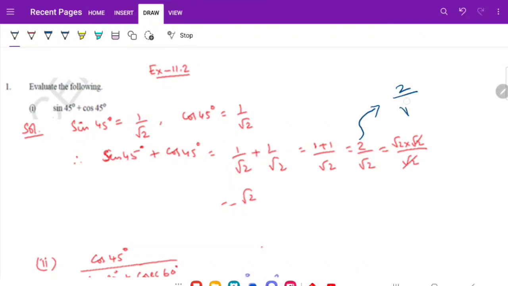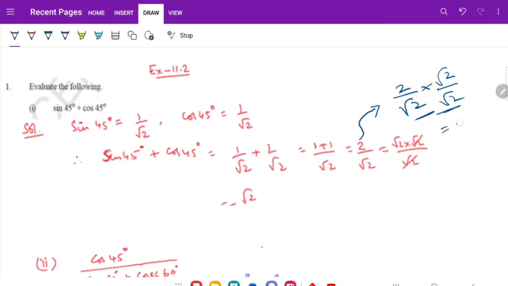Otherwise, this step can also be done in this way. If you have 2 by root 2, whatever is in the denominator, you both multiply and divide by it, because when multiplying and dividing by the same value, the value will not change. So here we get the same answer, root 2. Root 2 into root 2 in the denominator becomes root 4, that means 2.